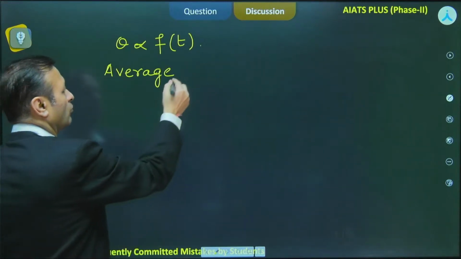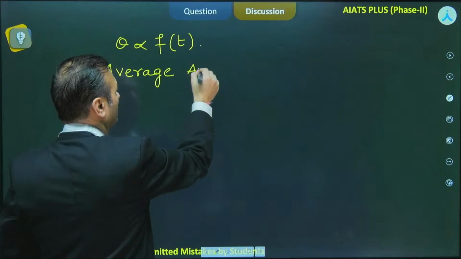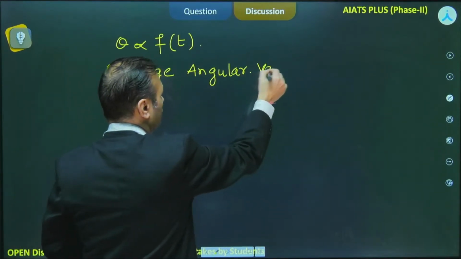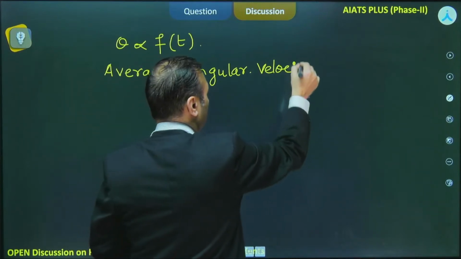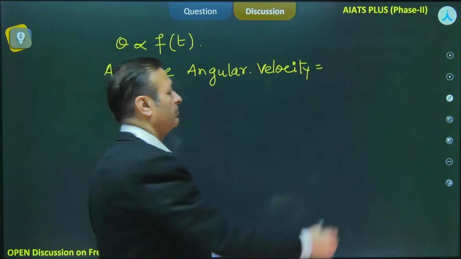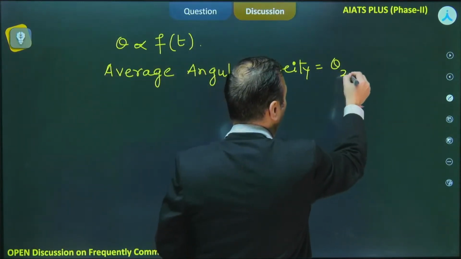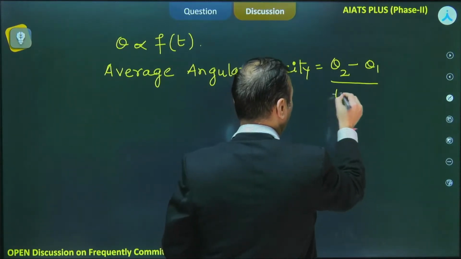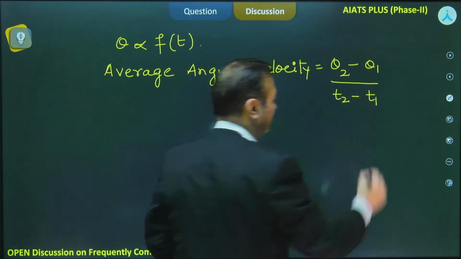Now I am asking about the average angular velocity. I will give it to you as a formula: the total change in angular position with respect to the total change in time interval.